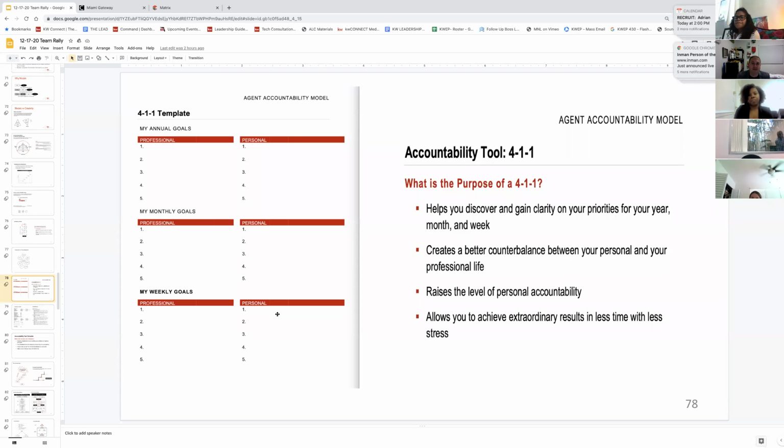Because make no mistake, guys, for those of you that are in the training room, that are here every day, make no mistake, that this is just a math problem. This is an equation. And you can make as much money as your heart desires. You just have to put the work in.